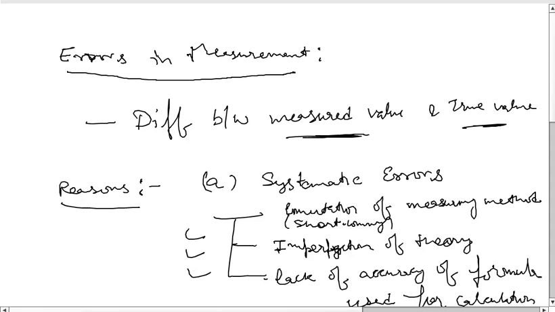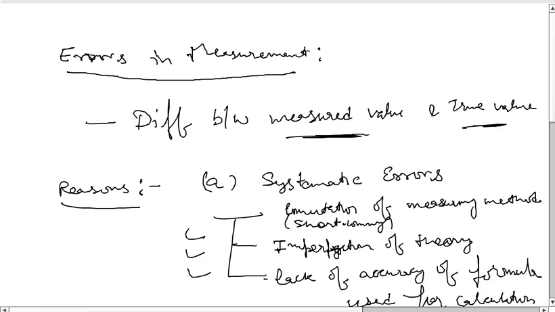Now, what happens? According to you, you are doing everything perfectly, that is, you are measuring a very correct value. But in this glass chamber in which you are measuring the weight, you might forget to take the buoyant force of the air into account. Though it will be very small, it still exists, right? Since you are not taking the buoyant force of the air, which reduces the weight of the object, that is called the shortcoming of the measuring method.